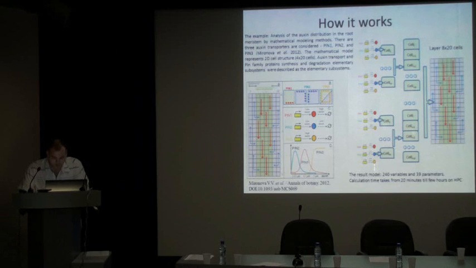Auxin transport and PIN family protein synthesis and degradation were described as elementary subsystems, about 14, if I'm not mistaken. For modeling purposes, a 2D cell structure with 4 columns and 20 rows, as you can see in the cell layout, was selected because the root has central symmetry. A compilation script was created that assigned all processes to the cell layers.